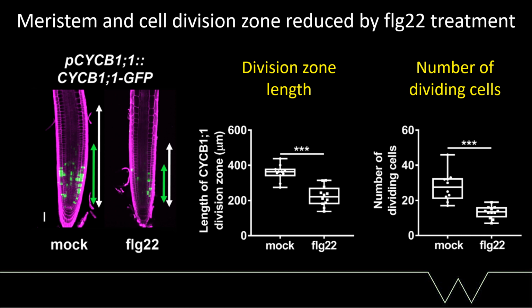So this strongly implicates an inhibition of division in the meristem as being the link essentially between immunity and growth inhibition.